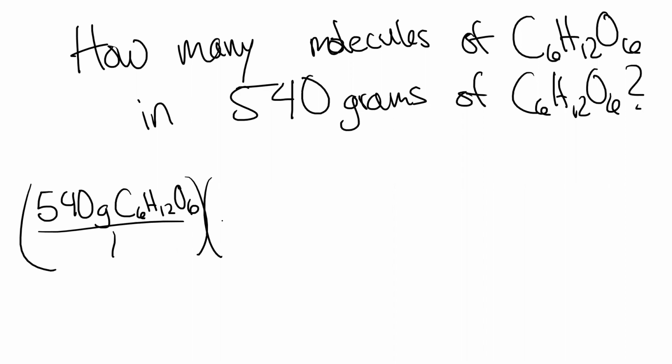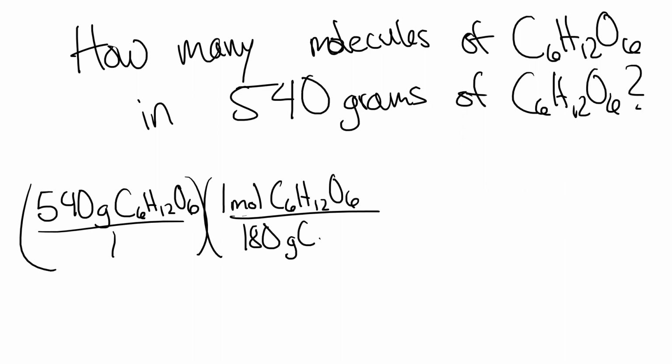We need our molar mass again. You go 1 mole of C6H12O6 per 180 grams of C6H12O6. And now we return to Avogadro's number.